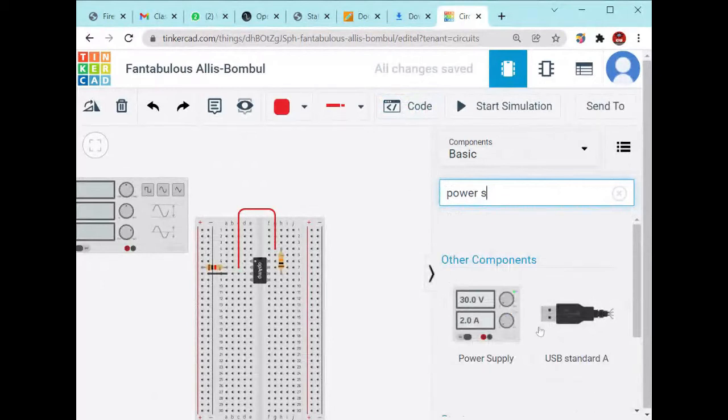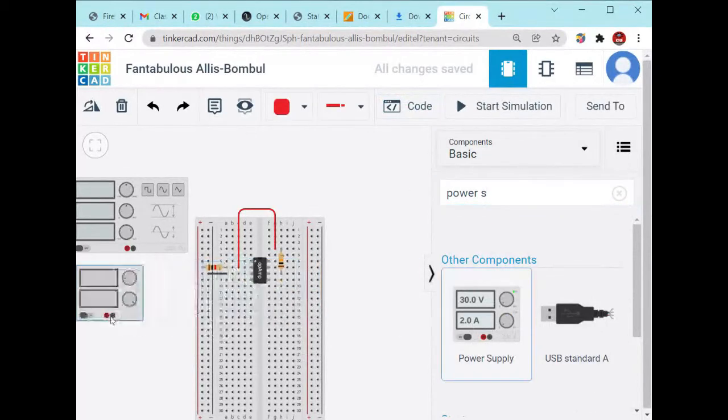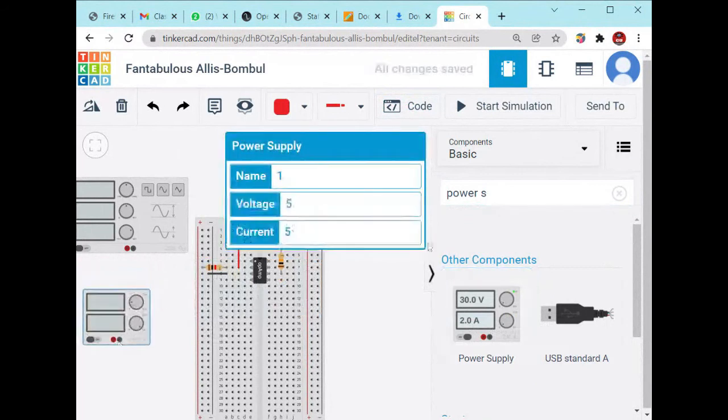Here you will find this power supply. Select this power supply. You have to use two power supplies, one for positive and the second one for negative. So select two power supplies.